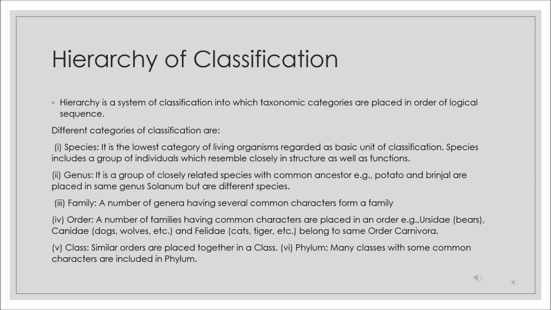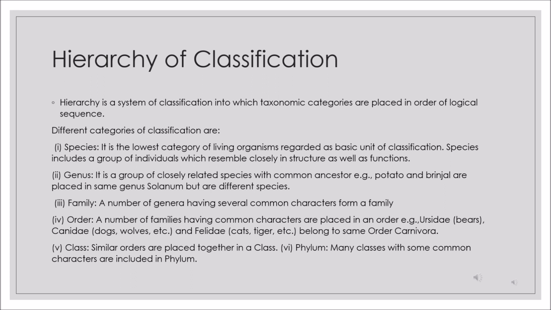Arranging those categories based on some logical sequence, arranging them orderly, is known as hierarchy of classification. So we were talking about taxonomic categories. Arranging all the taxonomic categories according to some order is known as hierarchy. What are those taxonomic categories?